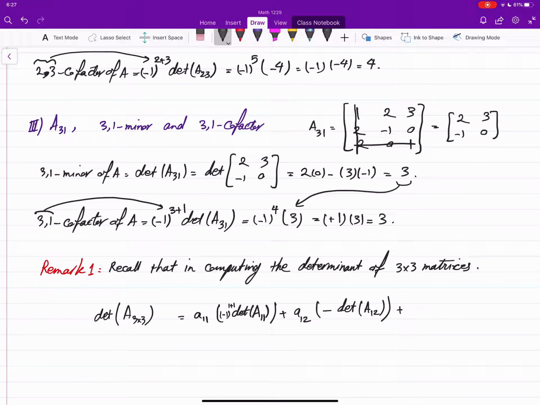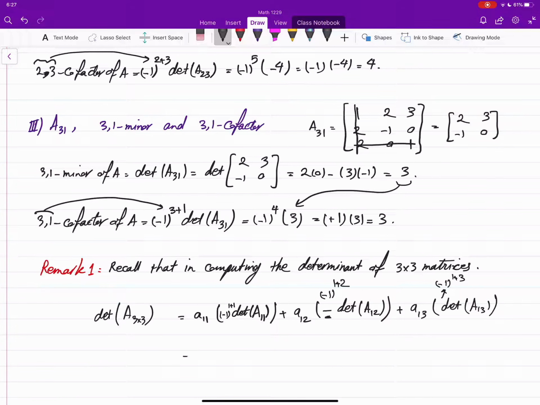And then the third one was A13 times the determinant of A13. Well, this negative sign comes from -1 to the power 1 plus 2, and the plus at the end is -1 to the power 1 plus 3.